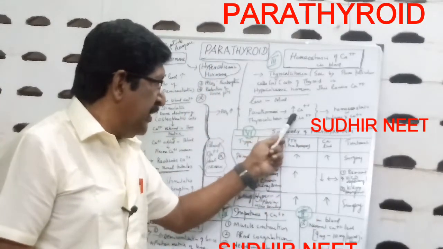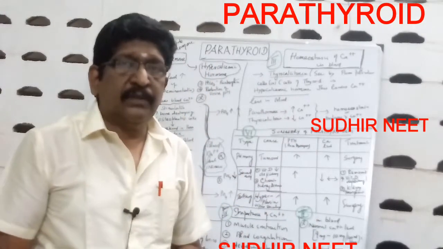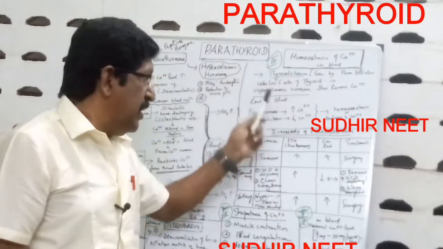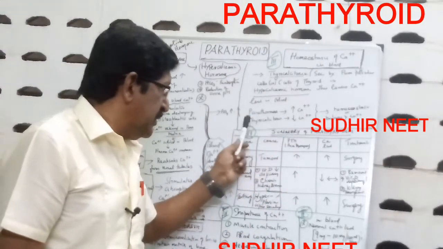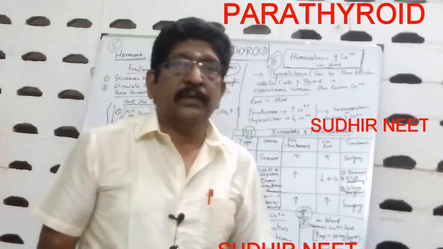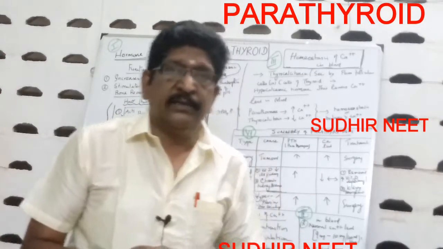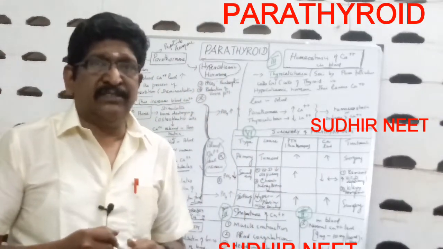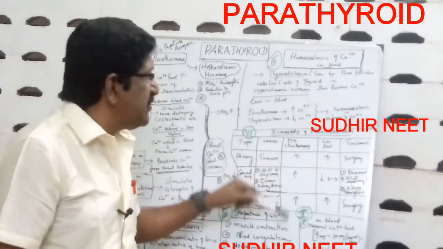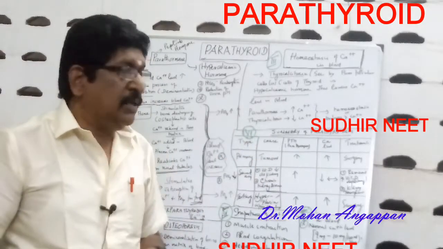So the Parath hormone increases the calcium level, secreted by the parathyroid, whereas the thyrocalcitonin, secreted by the parafollicular cells of the thyroid gland, decreases the calcium level.